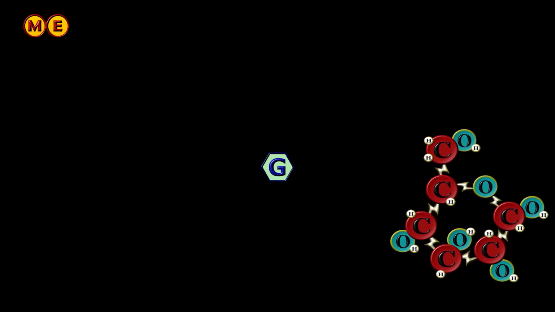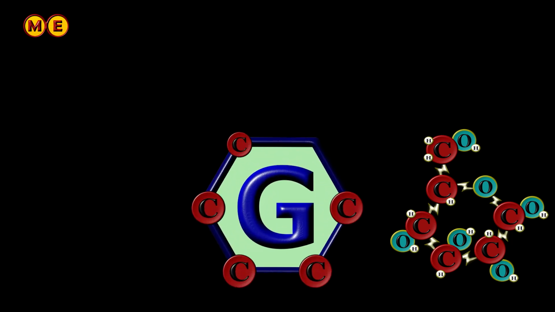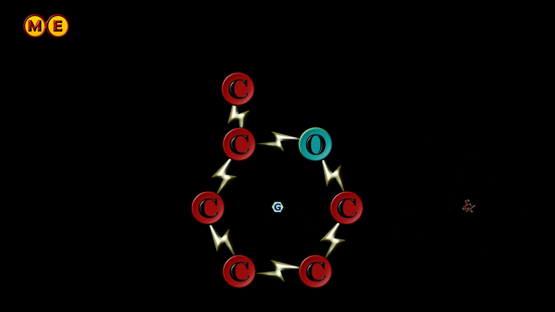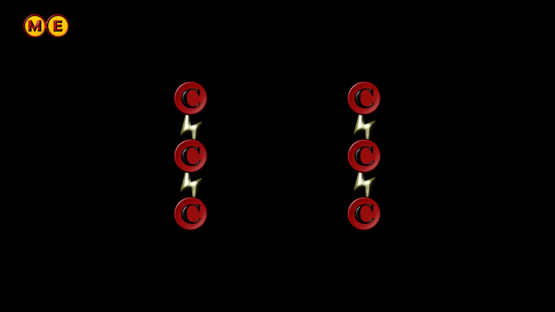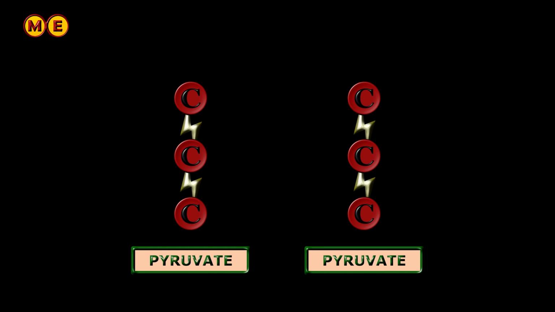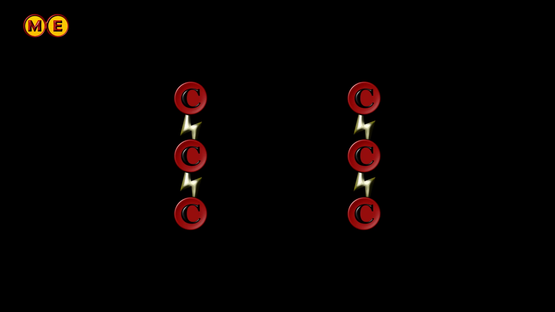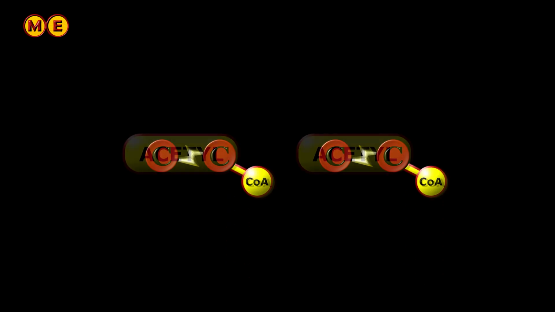Glycolysis means splitting glucose in two. Glucose is a 6-carbon ring, and when it's divided in two, we get two separated groups of 3 carbon atoms. The halves, now called pyruvate, undergo the so-called preparation phase, where we remove 1 carbon atom from each group and we receive 2 molecules of acetyl-CoA from 1 molecule of glucose.